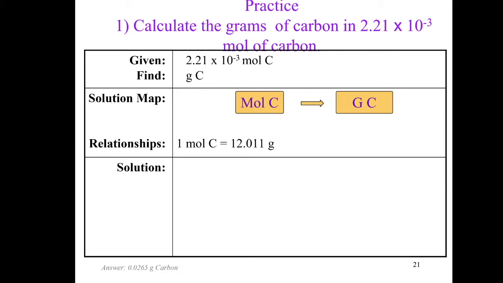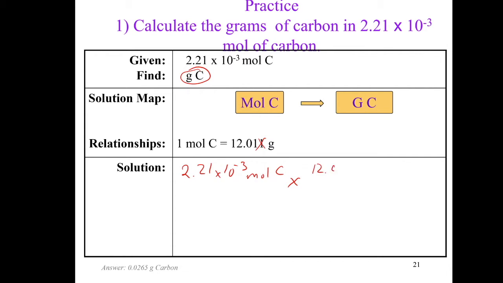So we are given that we have 2.21 times 10 to the negative third moles of C. Calculate the grams in 2.21 times 10 to the negative third moles of carbon. We need to figure out the grams of carbon, so we're going to use our molar mass. I probably go out to the 12.01. We're going to start off with our given. We want to go to grams, so we're going to need that molar mass.